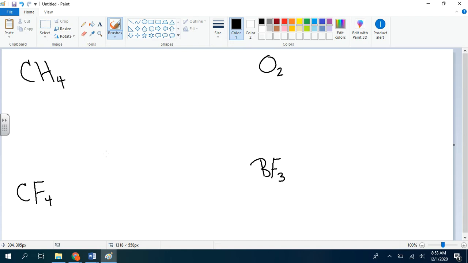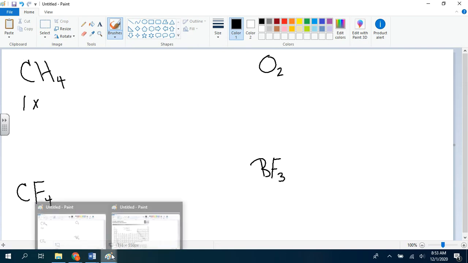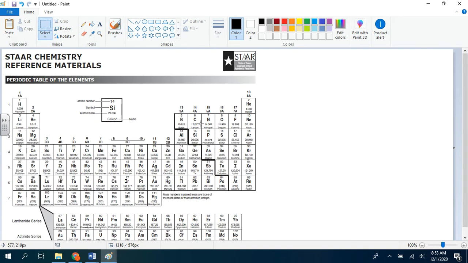All right. So the first thing you do when you do Lewis structures is you count the number of valence electrons. All right. So this is how this works. I have one carbon atom. So I'm going to say, okay, I've got one carbon atom times, and then this is going to be the number of valence electrons. So for carbon, you need to look on your periodic table. Carbon's right here. Now remember, this is how we count valence electrons. This group has one.